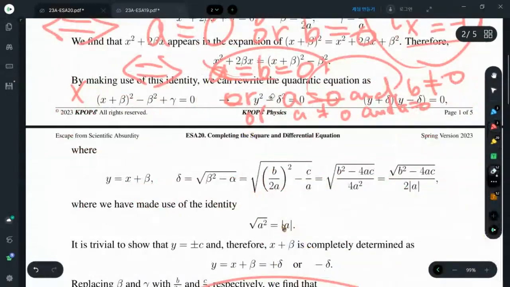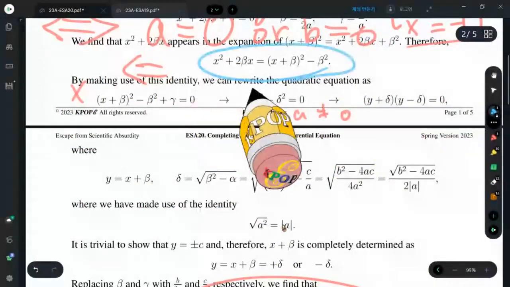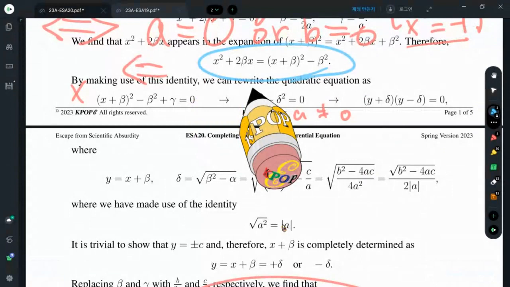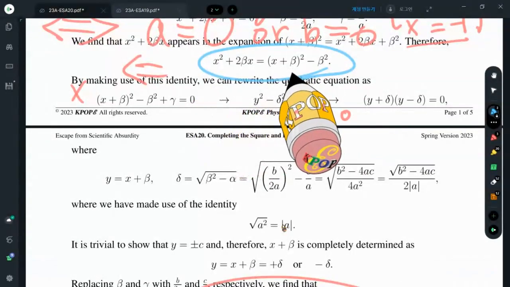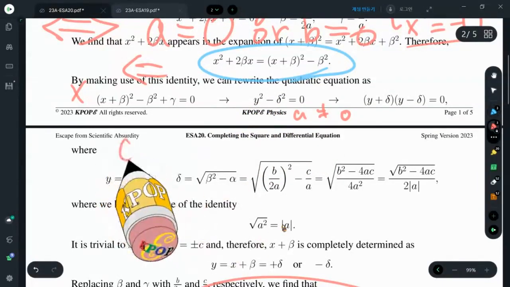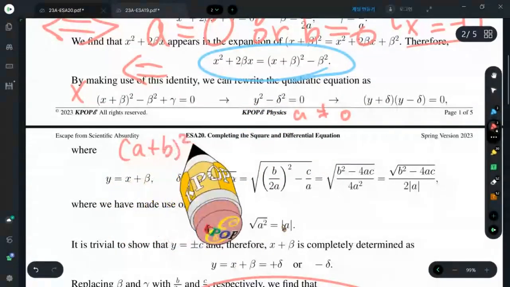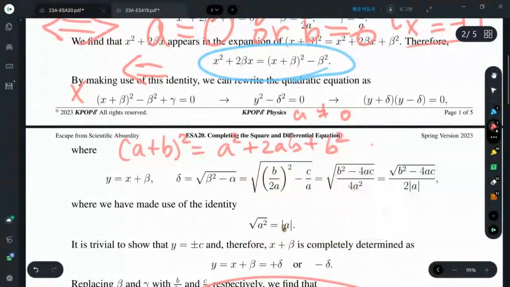By completing the square. The origin of completing the square is the binomial theorem. Why? a plus b squared equals a squared plus 2ab plus b squared.